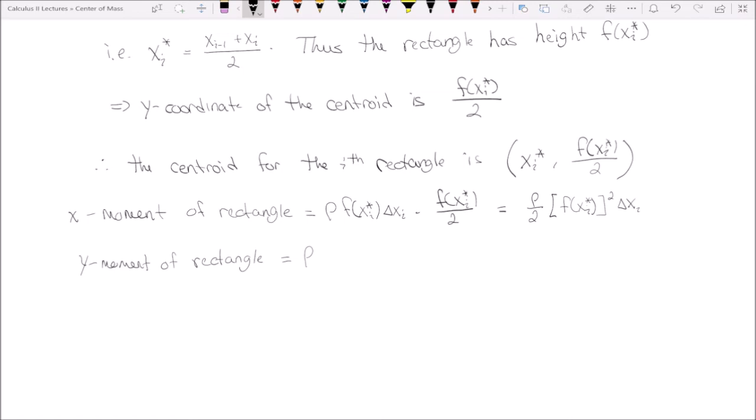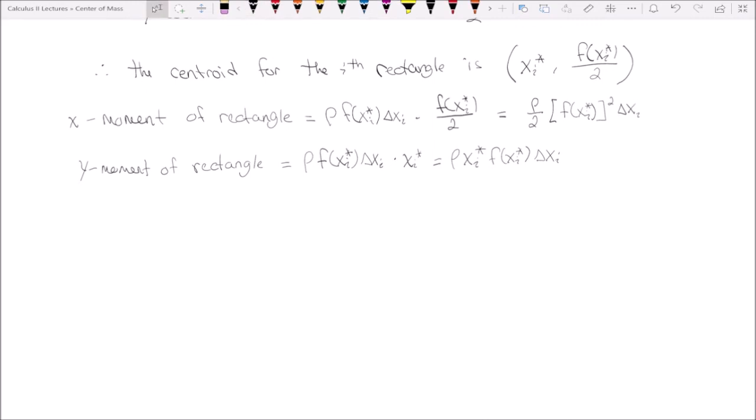Mass is rho times area, which is f of x sub i star times delta x sub i, then times the distance from the y-axis, which is x sub i star. Simplifying, we get rho x sub i star times f of x sub i star times delta x sub i.